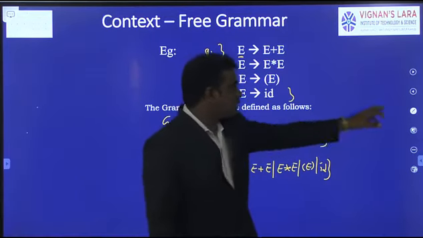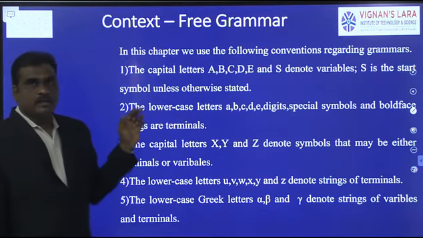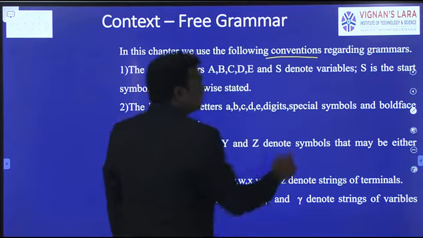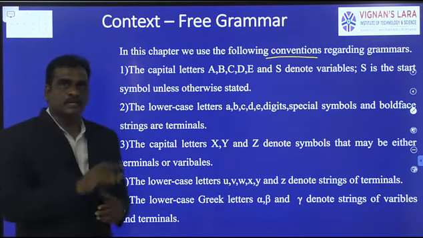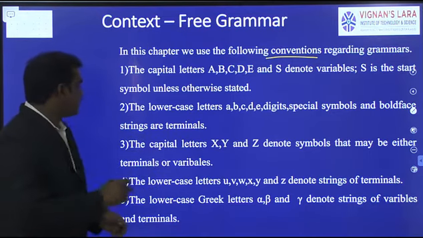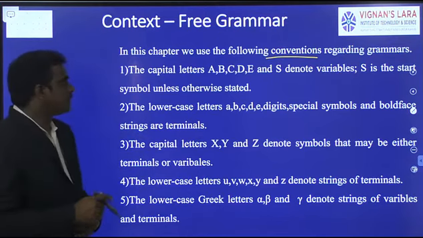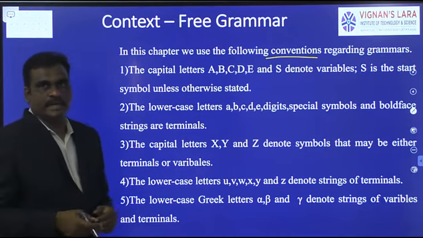And the next one is, here these are some conventional notations. So in this unit or throughout the subject, we are using these notations. So here, we have to remember all these 5 points. Very, very important. So the first one is, just now I have mentioned how to define a variable.